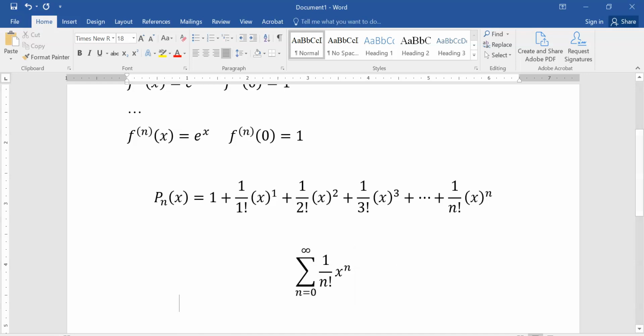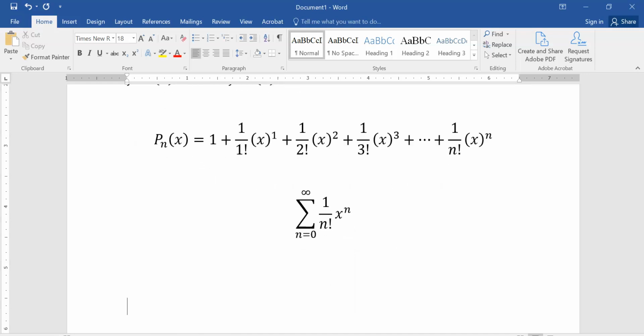Now, just to make an observation, hopefully this will connect this to 9.8. Notice that we have two types of growth here. We have an exponential or a geometric growth with the x to the n, but then we also have a factorial growth. We know that factorial growth is a faster type of growth. That factorial is in the denominator. So this series actually converges everywhere.